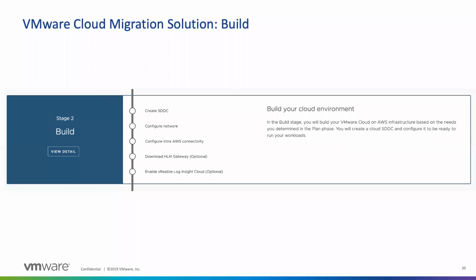The next phase is the build phase. And in there, by the way, these are screenshots from the tool that we're building. So that's why they look kind of weird on the slides, but this is actually just screenshots from our website. So from the build phase, right, you're going to go in, you're going to create your SDDC, configure your networking, configure your AWS connectivity, download the hybrid linked mode gateway, and you're going to enable vRealize Log Insight Cloud, which is the audit logging platform for VMware Cloud on AWS.